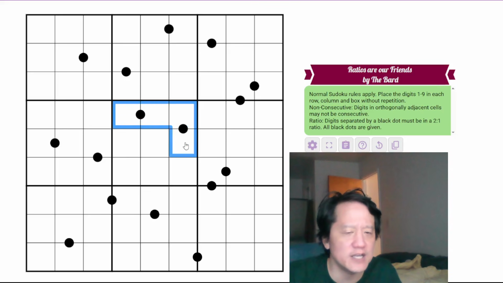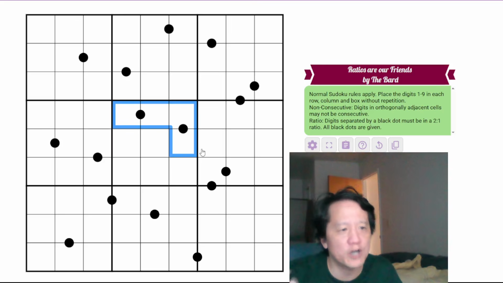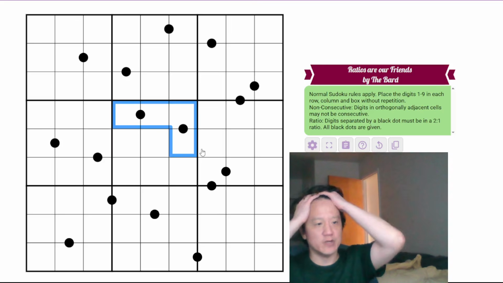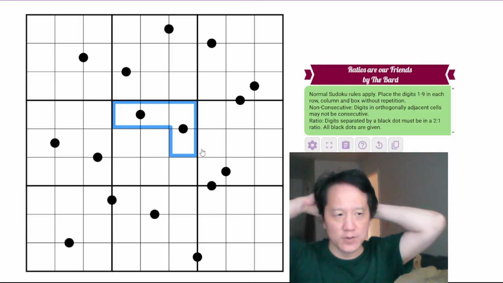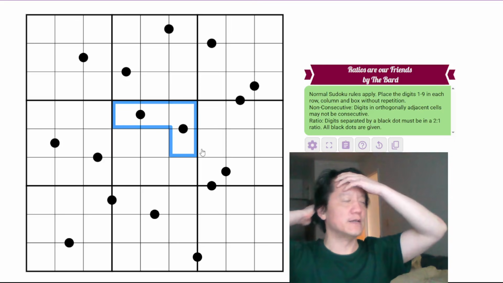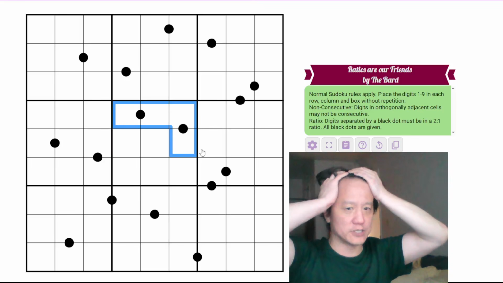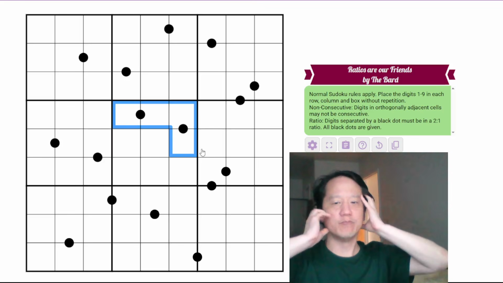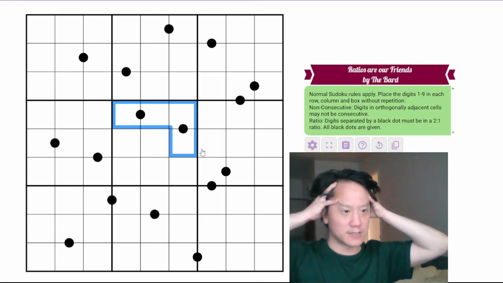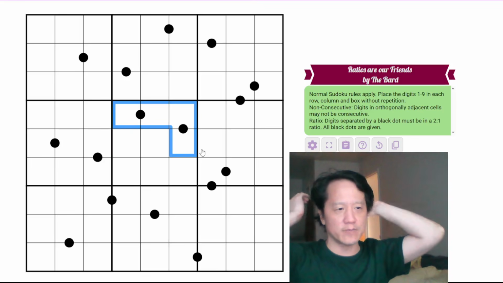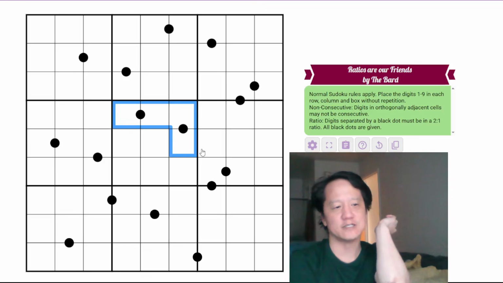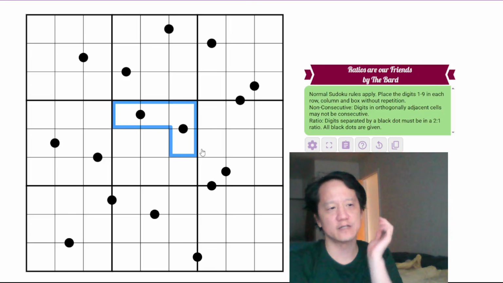Because of the non-consecutive rule set, 1 and 2 can never be in a 1-to-2 ratio next to the black Kropke dot, which is another name for these black dots.